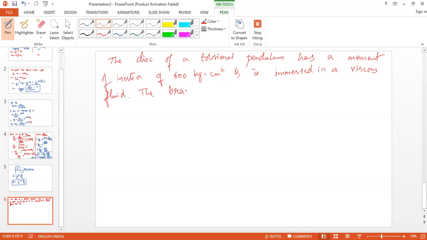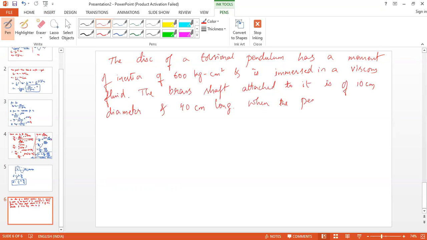The brass shaft attached to it is of 10 centimeter diameter and 40 centimeter long.